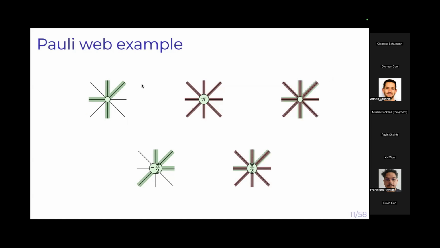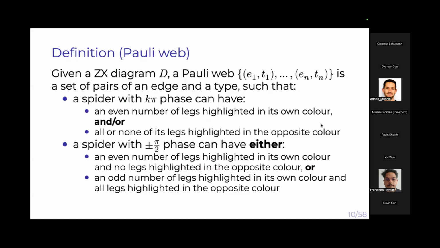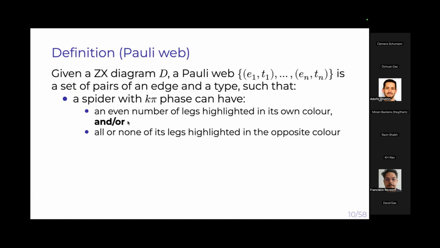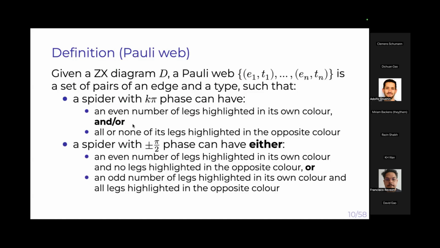So this is a poly spider, a spider with a polyphase. So it can have an even number of its legs highlighted in its own color. This is the first case. Or all of the legs highlighted in the opposite color is the second case, or the combination of the two, right? So we allowed and or. So these are the three cases we can have with polyphases.